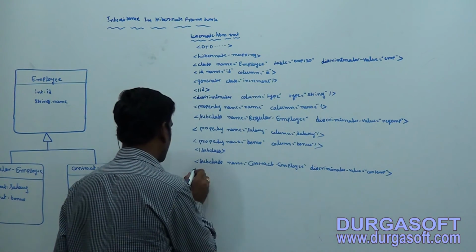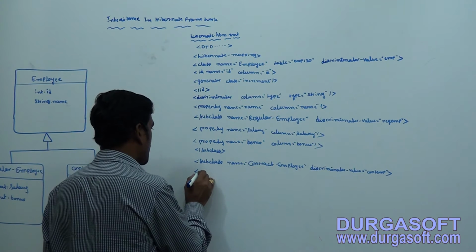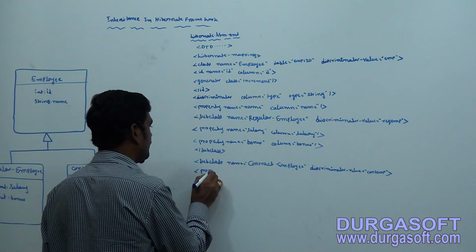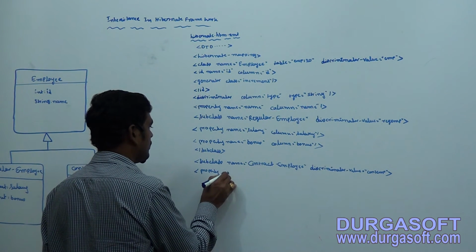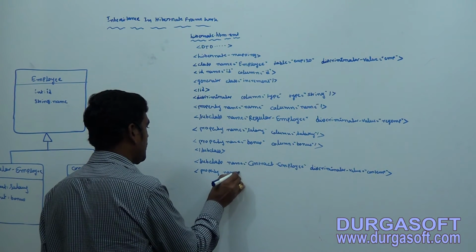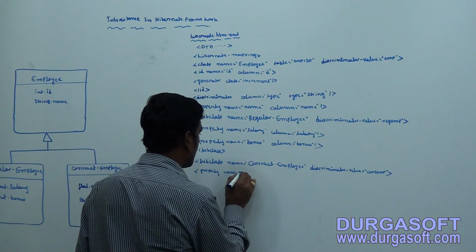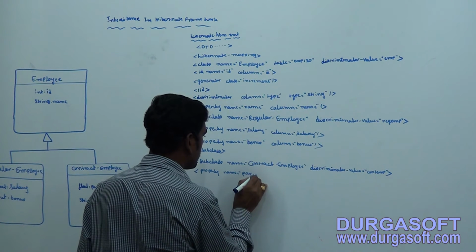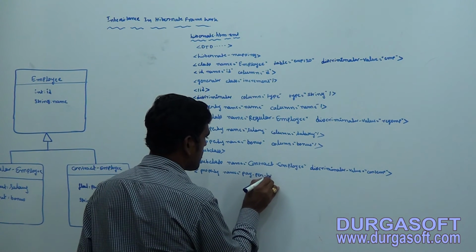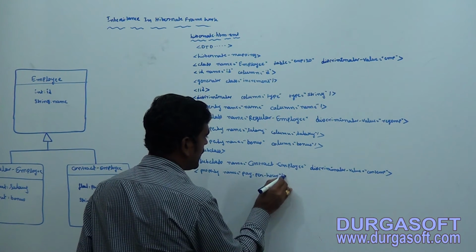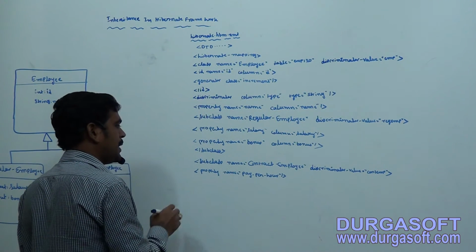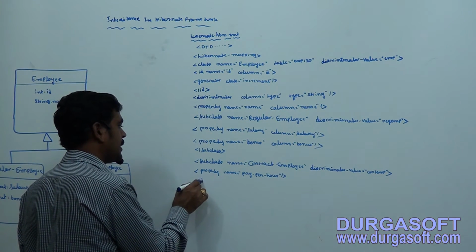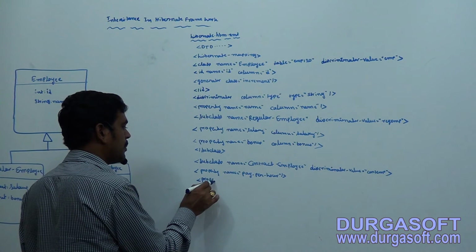The next, property name is equal to pay per hour. If the database column name and property name are both the same, we need not take the column tag.